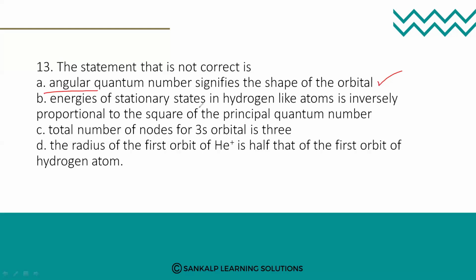Then, energies of the stationary state in a hydrogen-like atom is inversely proportional to the square of the principal quantum number. This is also a correct statement.